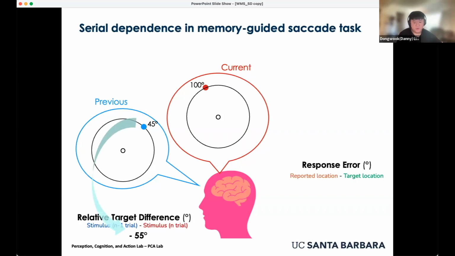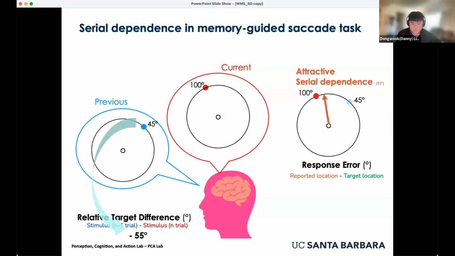Response errors represent the reported location relative to the target location within the trial, also in polar angle. So when reporting the location based on memory, participants could either exhibit bias or no bias at all. The faded blue colored dot represents the previous trial's target location. So if the reported location aligned exactly with the target as indicated by the green dot, it means that there was no bias, meaning no effect from the previous trial. However, if the reported location is slightly closer to the previous trial's target location, we refer to it as attractive serial dependence.